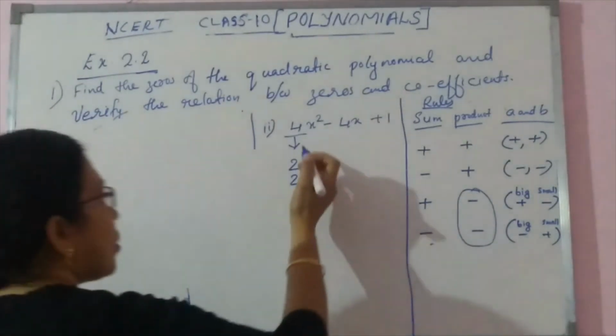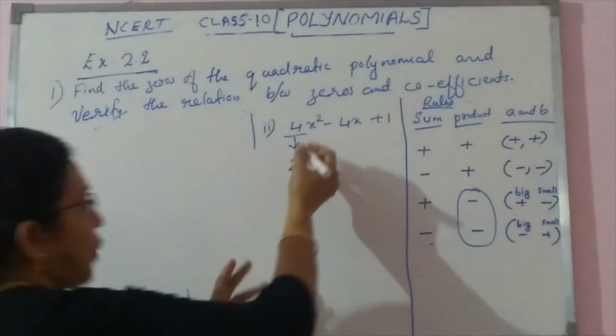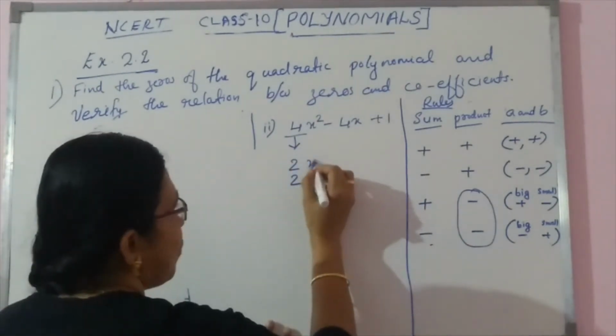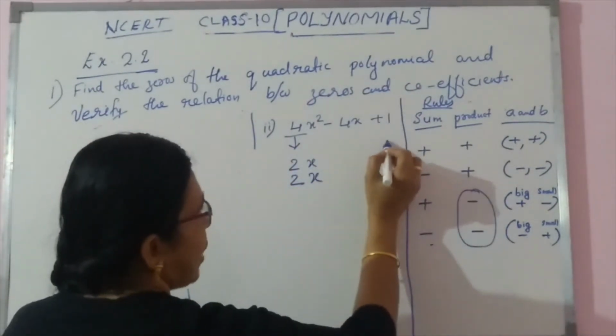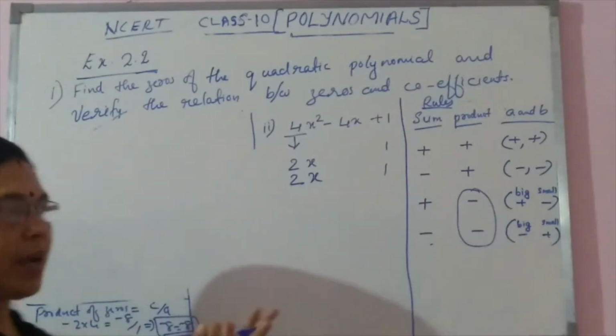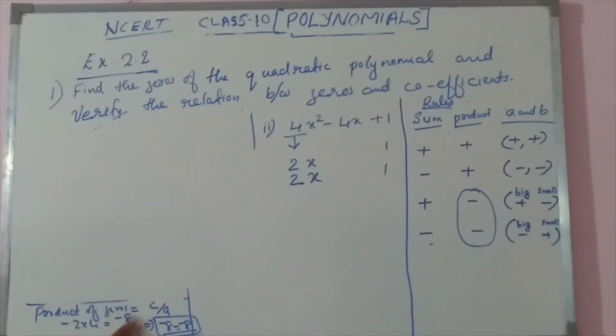So now the two factors of 4 are 2 and 2. So we can write 2x and 2x. The factors of 1 are 1 and 1. Both are the same factors we are having. Therefore we have to write as it is.